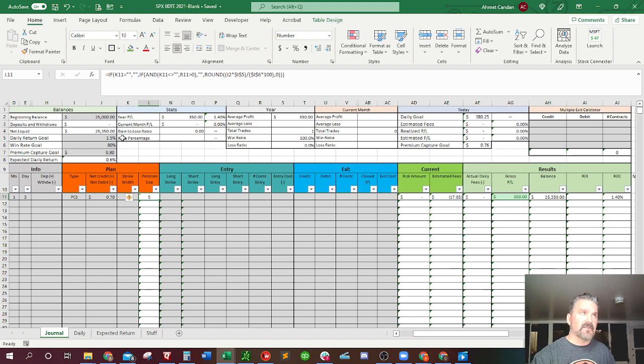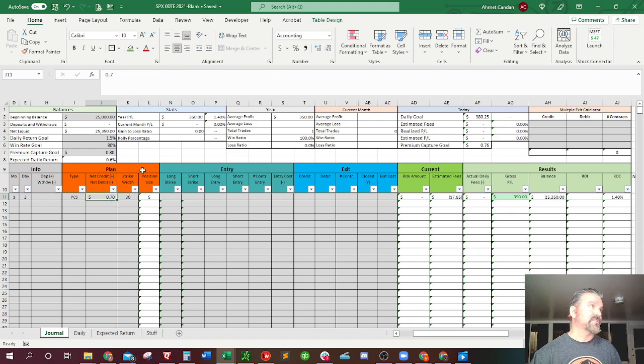I'll say that again. In this case, if I sell 5, what are these? Yeah, these are put credit spreads. If I sell 5 put credit spreads, and I capture, in this case, there's only 70 cents.